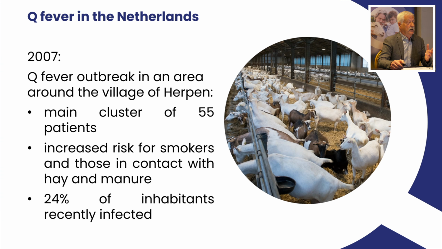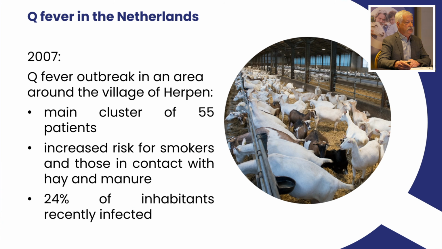Then, as a sudden outbreak in 2007, we had an outbreak of Q fever in and around the village of Herpen, where we found a cluster of 55 patients, and we looked at their background with people from the veterinary and human fields to get an impression of what was going on.